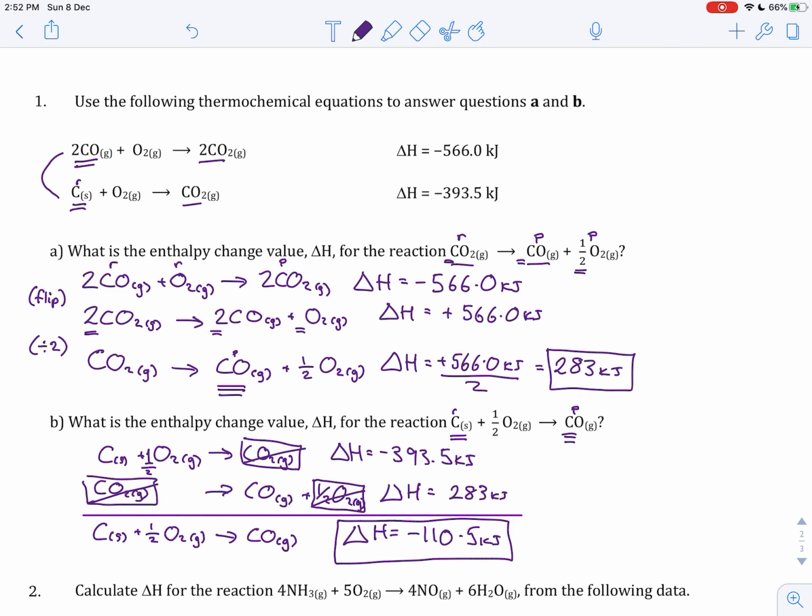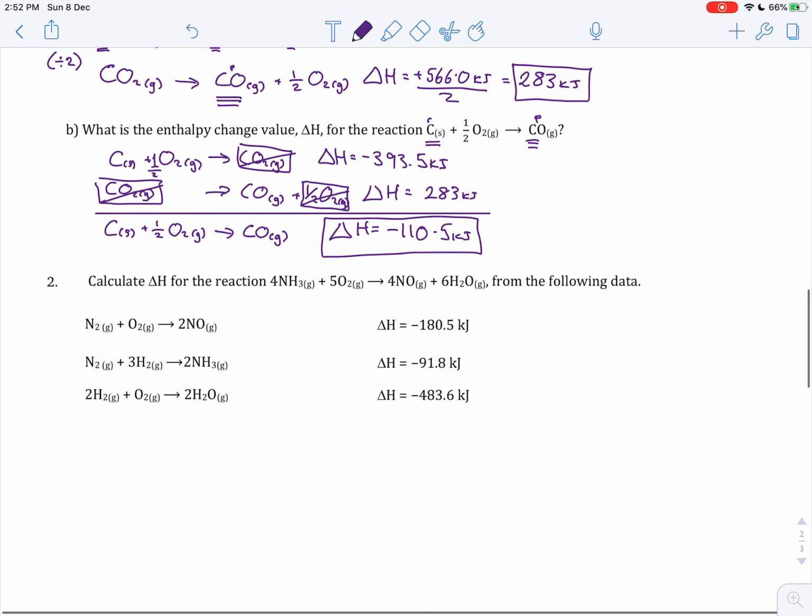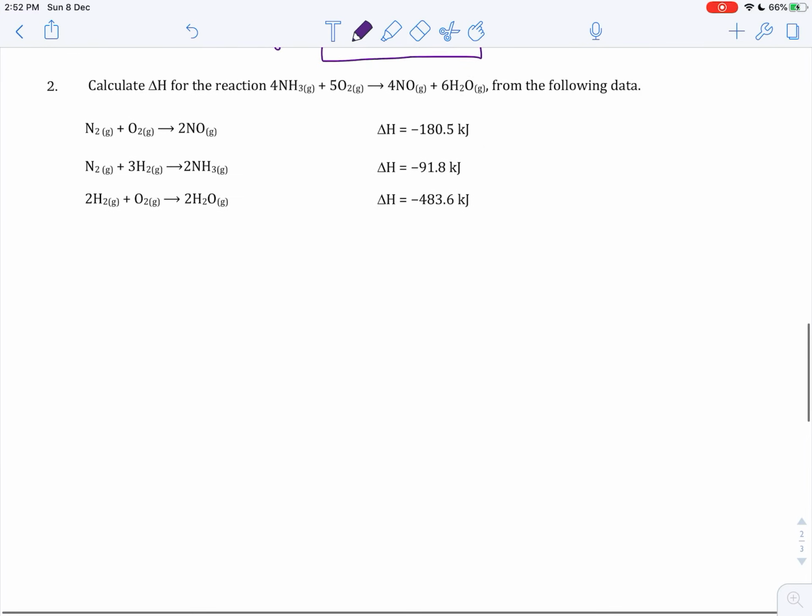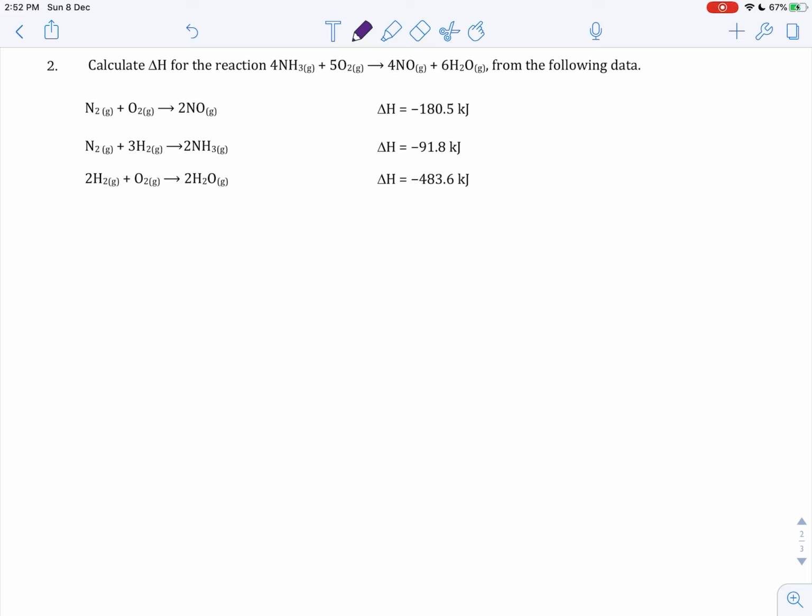Okay, on to question 2. Calculate delta H for the reaction 4NH3 plus 5O2 yields 4NO plus 6H2O from the following data. Let's work through it, substance at a time. So, for NH3, where do we have NH3?